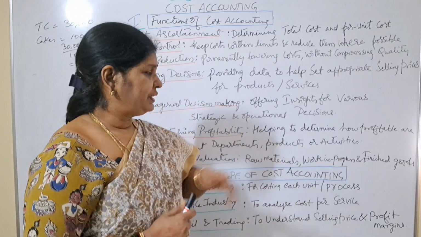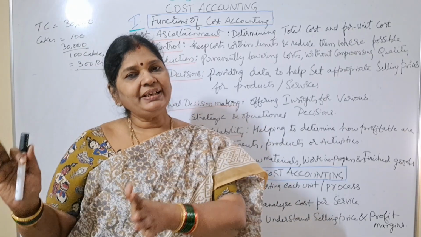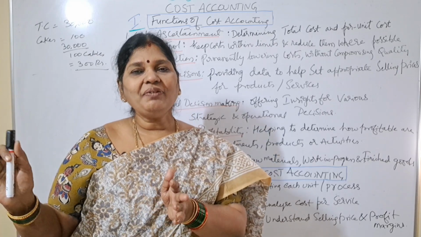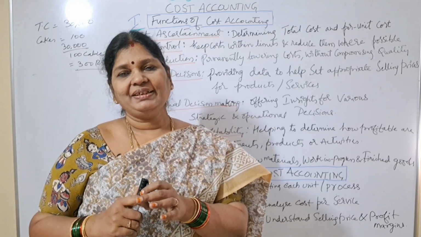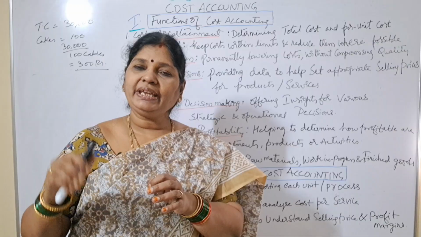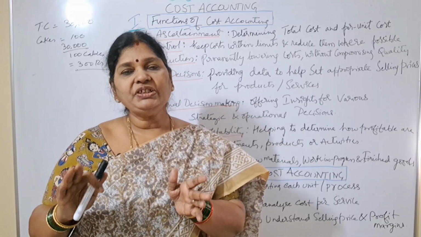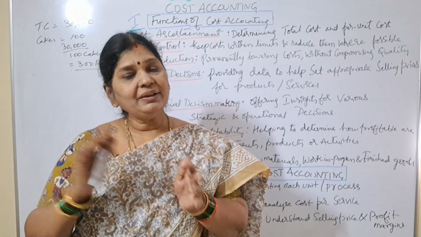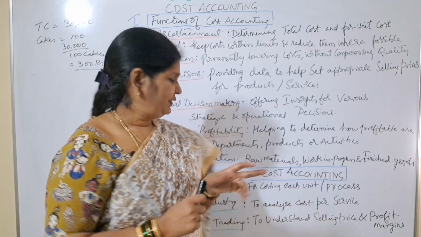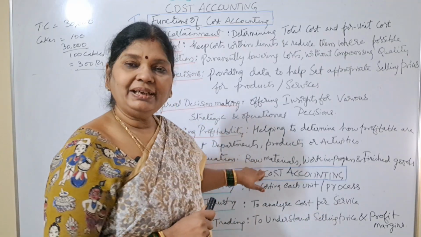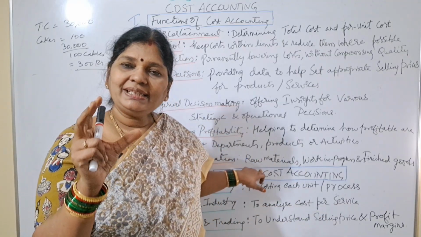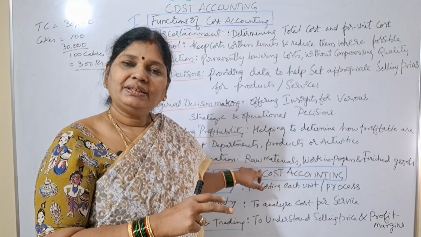And finished goods, which are ready for sale, are called what? Finished goods. These finished goods are the cakes which are already prepared and ready for sale, and they are also to be valued. So what is raw material? Raw material means the ingredients that are there with us.